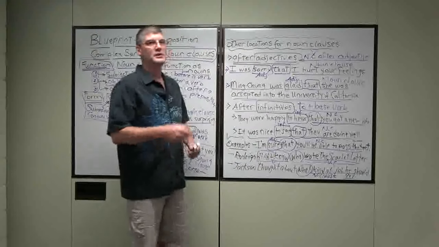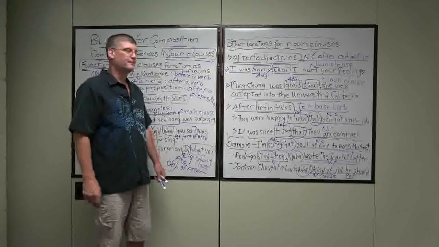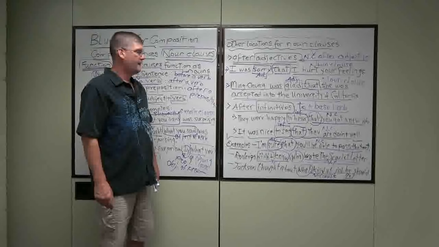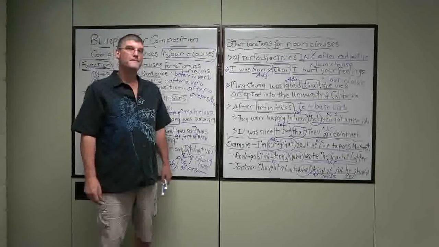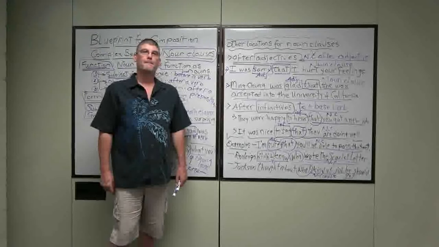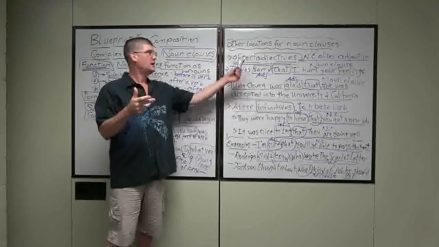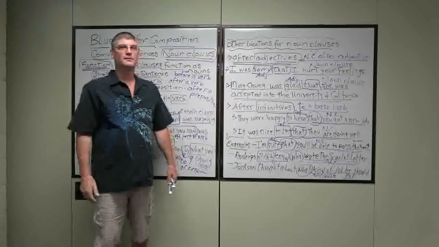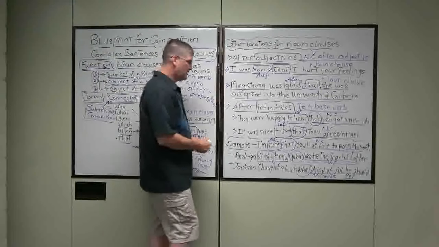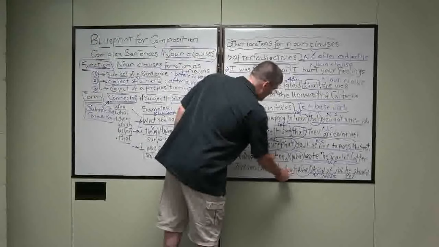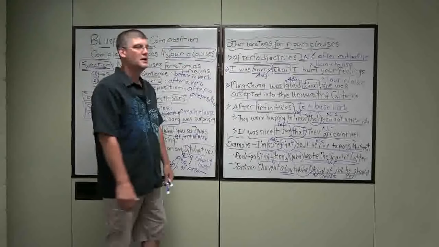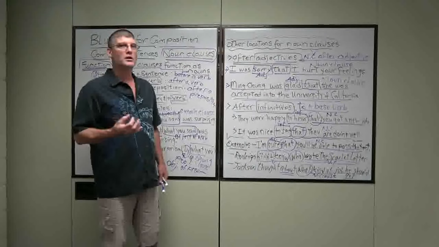And step two, what is its function? Subject of sentence, object of verb, object of preposition, after adjective or after infinitive. In this case, we have to look at this word right here, the word about. What kind of part of speech is the word about?